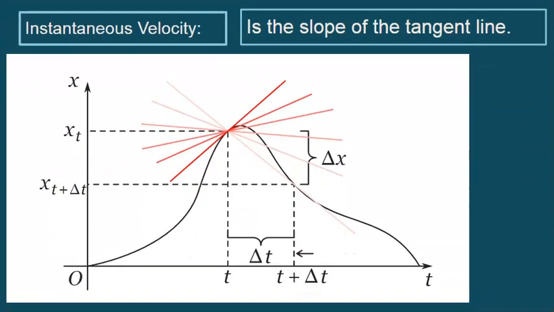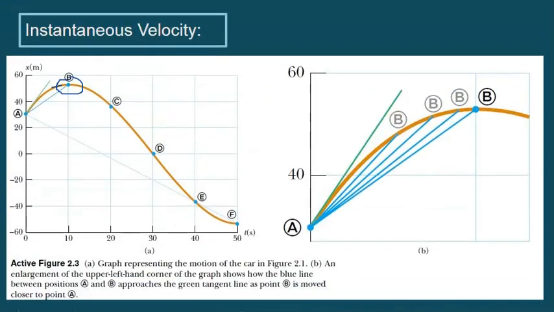Okay, so it is the slope of what's called the tangent line. Some textbooks will say the tangent line is a line that only intersects the function at one point. I don't love that definition. To me, what makes more sense, I like this graph better.